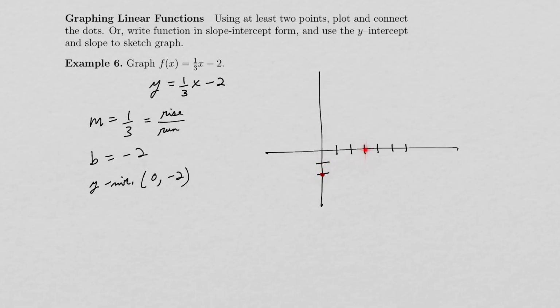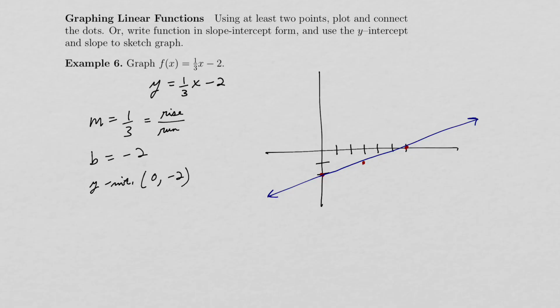Then up 1, 1, 2, 3, that must be another point, and so on. Now I can graph the line by drawing a smooth line through all those points. So it'll look something like this. Okay.